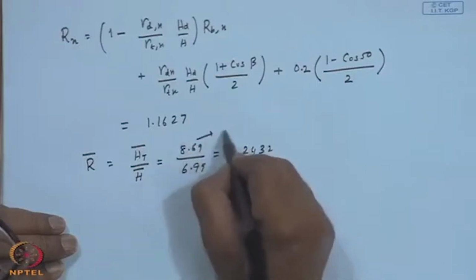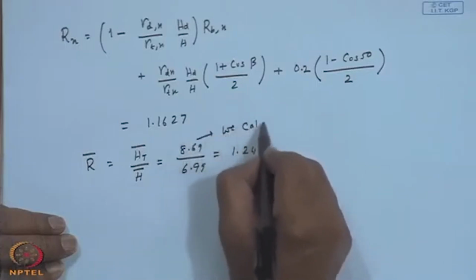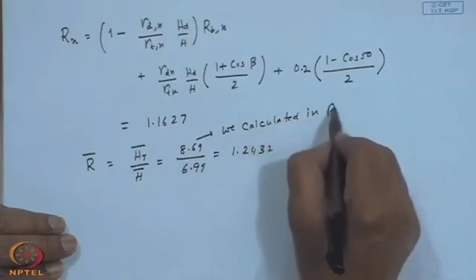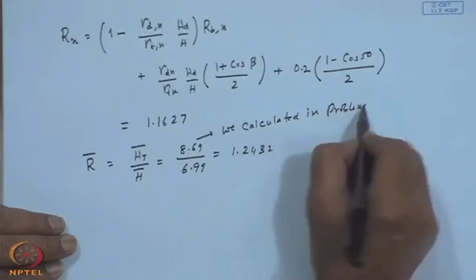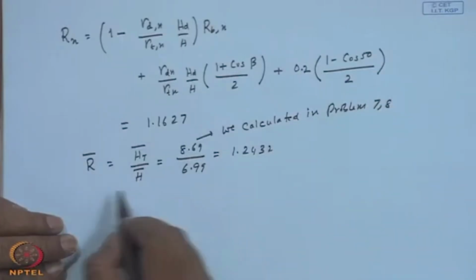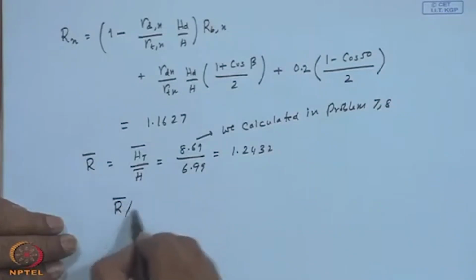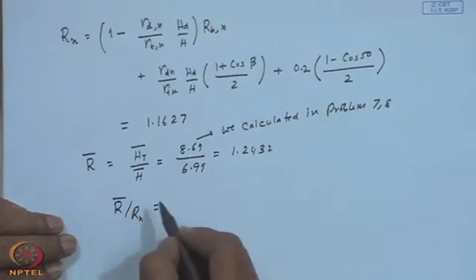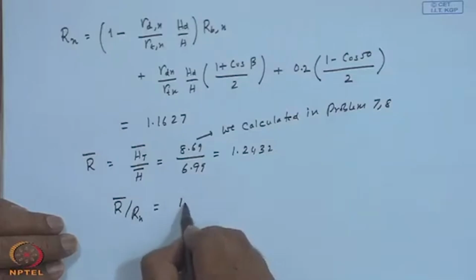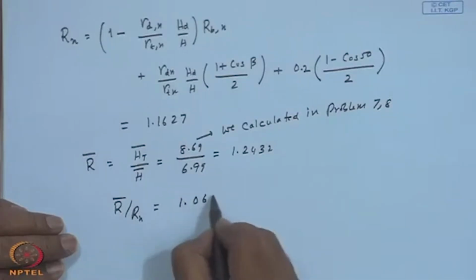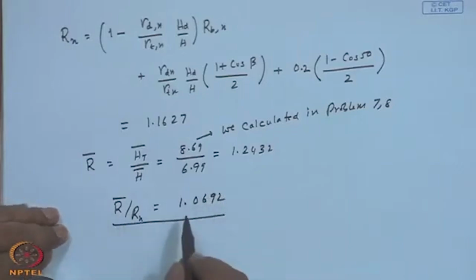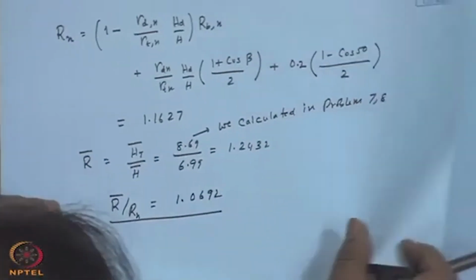So, remember this we calculated in problem number 7 or 8. Okay. So, now R bar by R n, the ratio required in calculating the monthly average daily utilizability, turns out to be 1.0692. So, we calculated one of the things required.